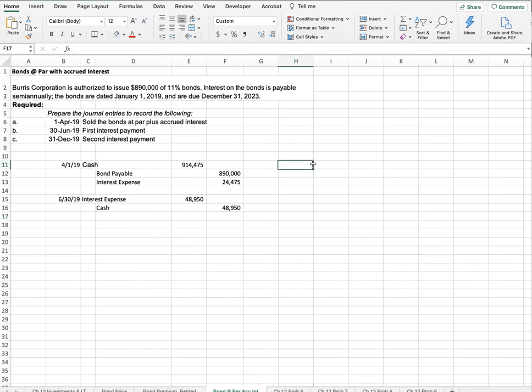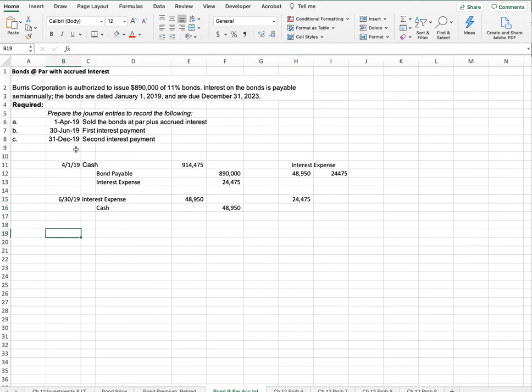And if we had our interest expense T account here, on the first 4/1, we would have decreased our expense account by $24,475. And then on June 30th, we increased it by the 48,950, which gives us, as of today, total interest expense of $24,475.